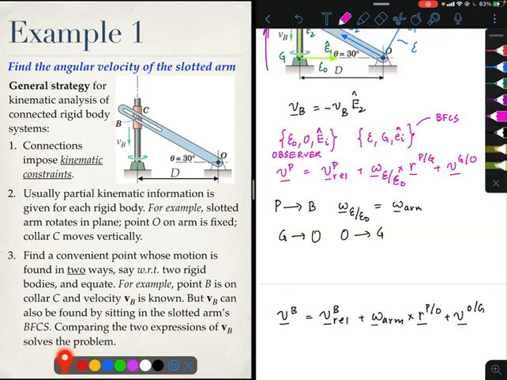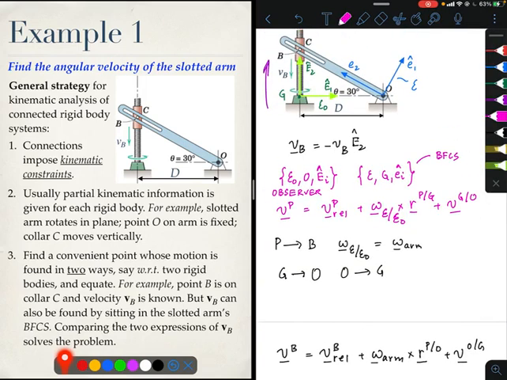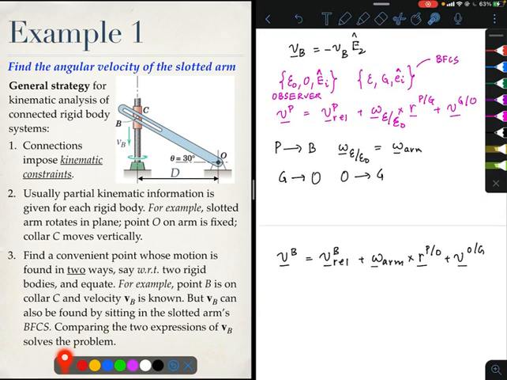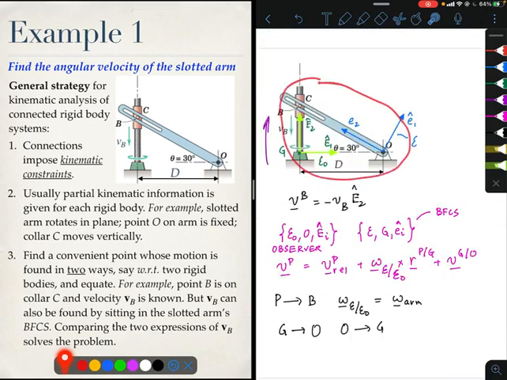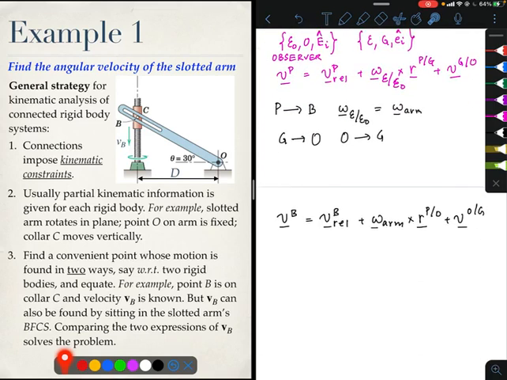So far we have not tried to leverage or implement the various kinematic constraints that are clear in this problem. So what do I mean by that? Well, for example, this is a 2D problem. What that means is the slotted arm moves in the plane. That means omega arm is really a scalar along E3.